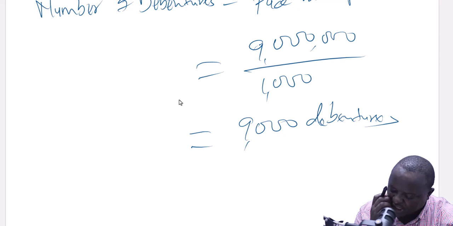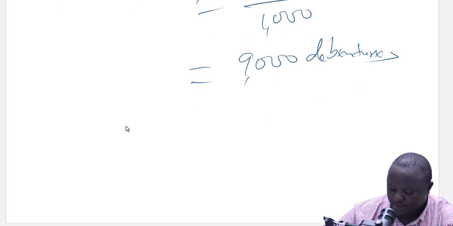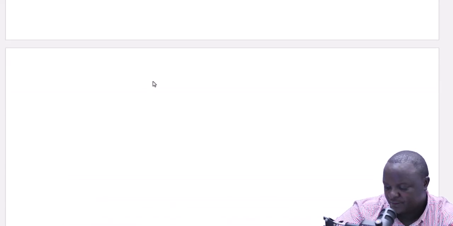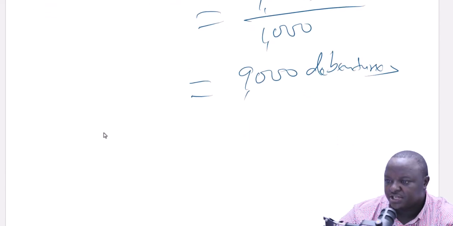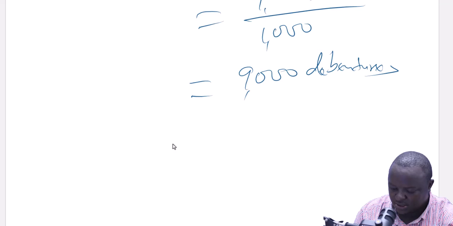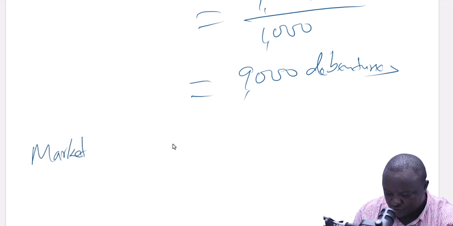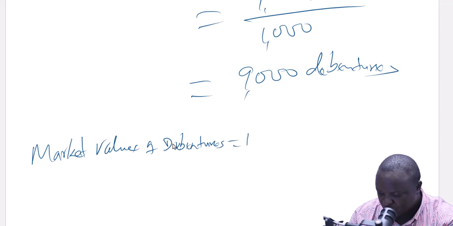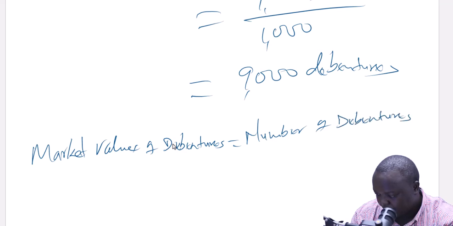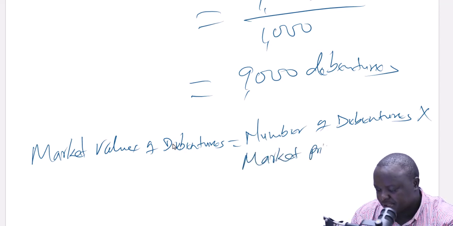Now let's calculate the market value for the debentures. The market value of debentures equals the number of debentures times the market price per debenture.